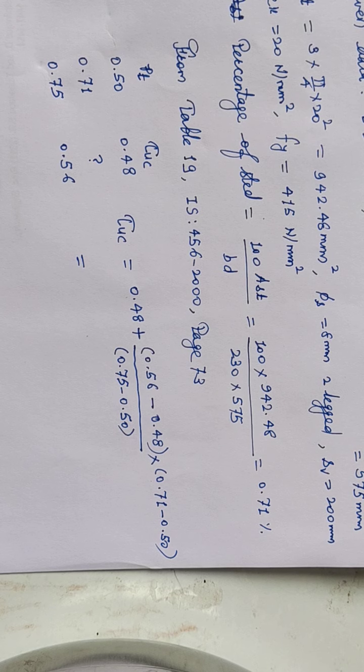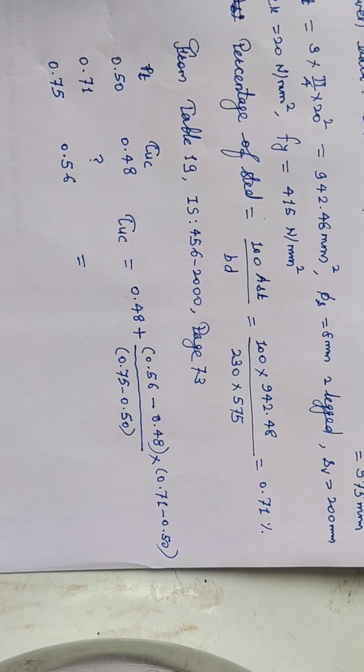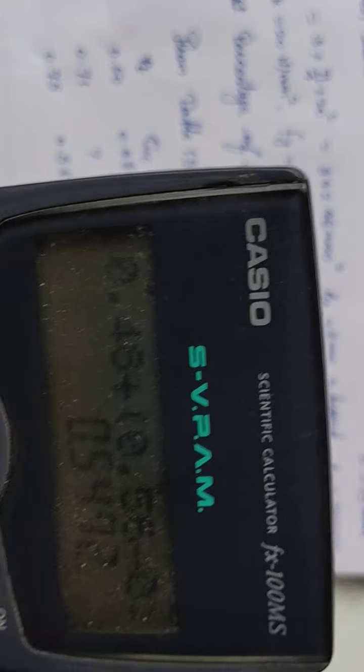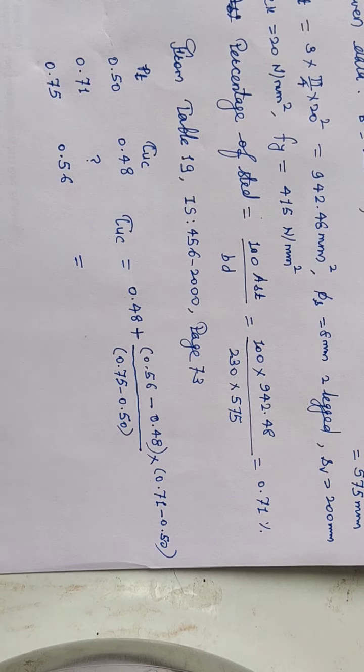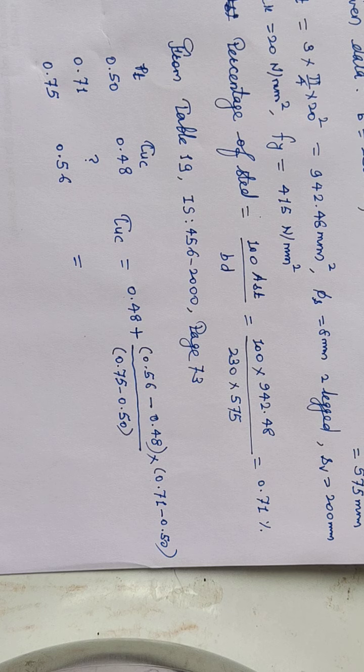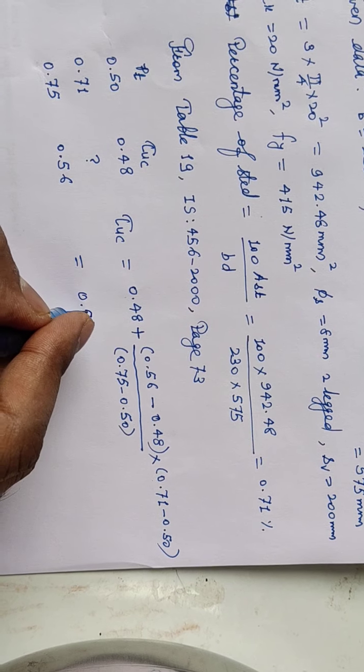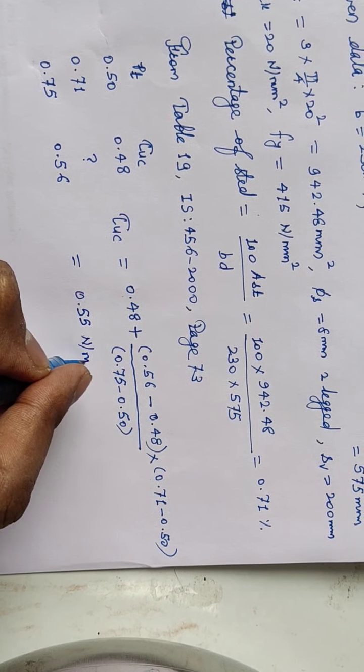So I will calculate this value quickly. This is 0.5472. So I will round it off to 0.55 Newton per mm square.